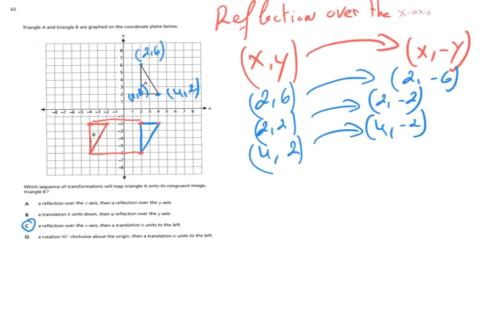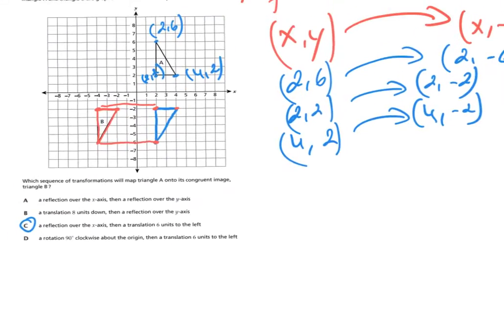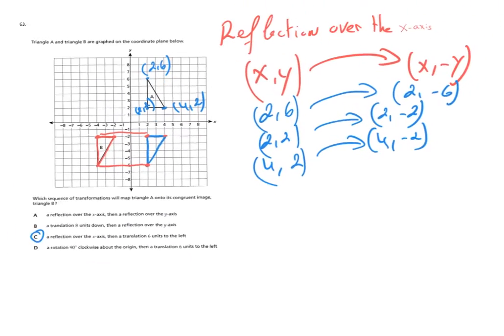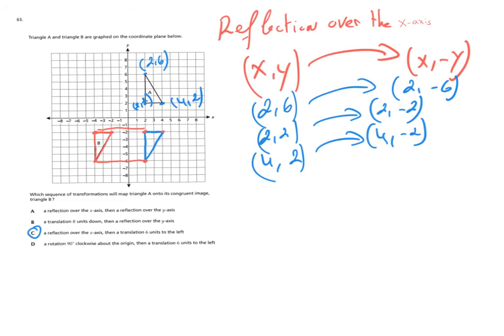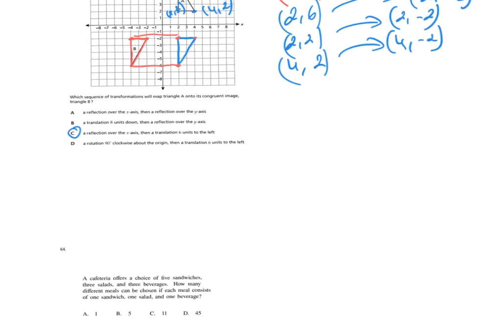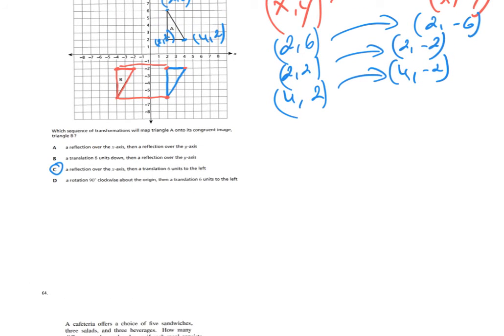This is about reflection over the x-axis. If they ask us, let's suppose, how the triangle will be if we have a reflection over the y-axis, let's have this one here.